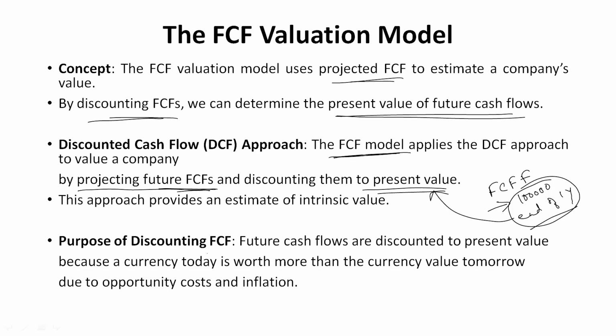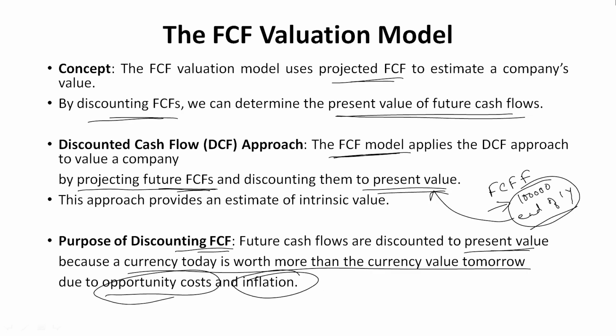And why do I discount free cash flow? I discount free cash flow to find out the present value, because as I told you earlier, the money in your hand today is worth more than the value you would be getting tomorrow. Why? Because you have something called opportunity cost, and there is something called inflation existing in the market. Opportunity cost means that by withholding the money for a 1 year period, you might be compromising on certain things.